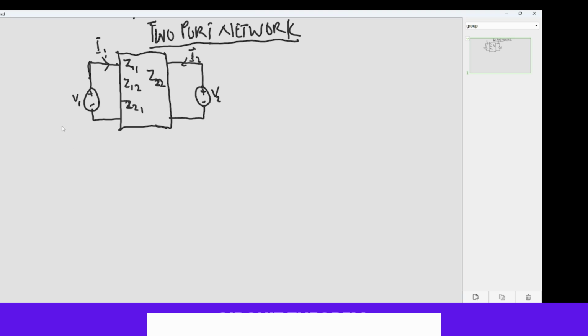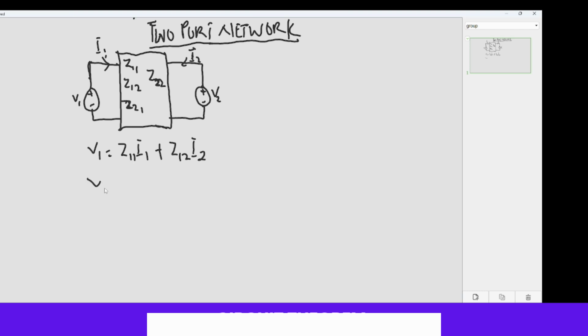So whenever I'm working with these Z parameters, we have a general formula for all of them. That is, our V1 is equal to Z11 times I1 plus Z12 times I2.